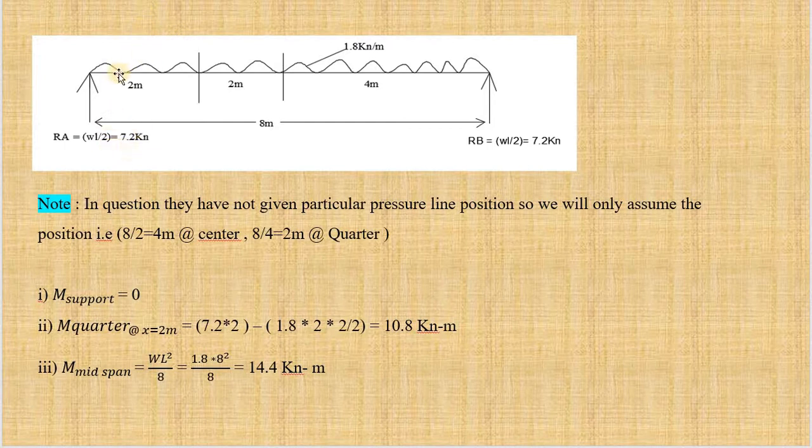So 7.2 into 2, minus the UDL, which is 1.8 and rotates in an anti-clockwise direction. So it is minus 1.8 into 2 into 2 by 2. You will get 10.8 kilonewton meter. This is the moment value exactly at the quarter. At this point the moment value is 10.8 kilonewton meter.